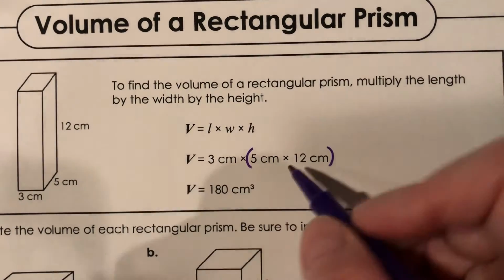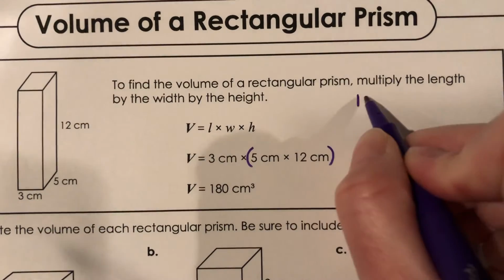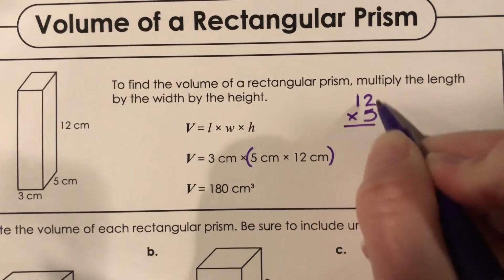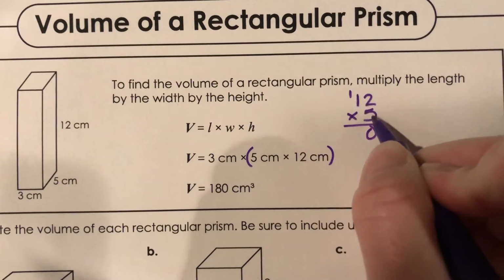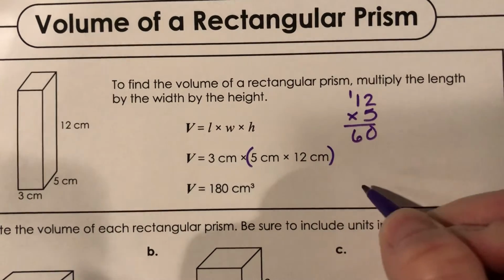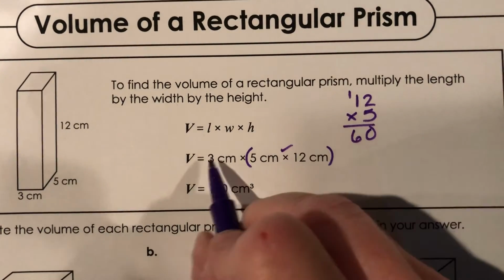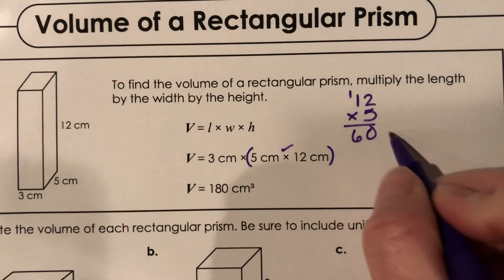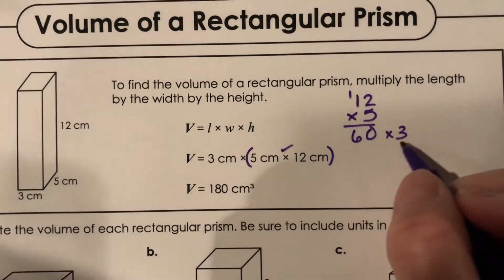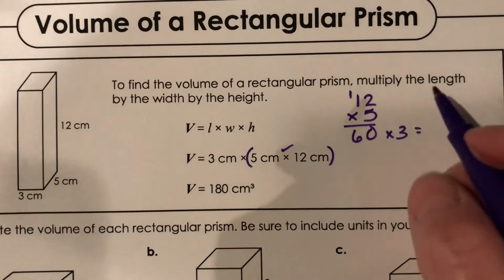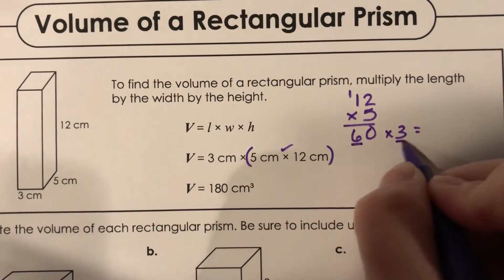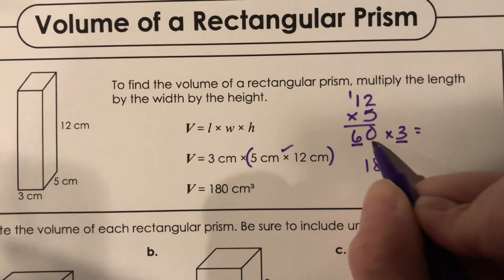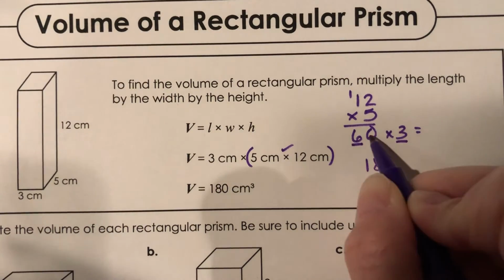If you didn't know that 12 times 5 was 60, then you could do 12 times 5, and 5 times 2 is 10, and 5 times 1 is 5, plus 1 is 6. So I know that this part is 60. I also have to multiply that by 3. So 60 times 3, hey, this is what we've been learning about in math class. I can multiply the 6 and the 3 to get 18, and then multiply that by the 10 and the 60.